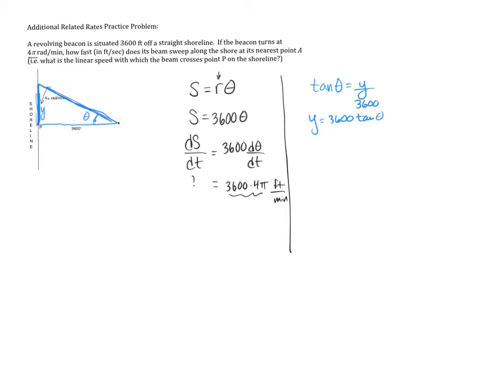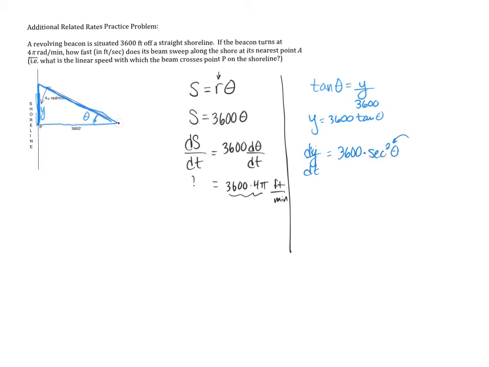So we can say that dy dt is equal to the derivative of 3600 tangent theta, which is a constant times the function. So the derivative is the constant times the derivative of the function. And the derivative of tangent is secant squared. So we get secant squared theta.